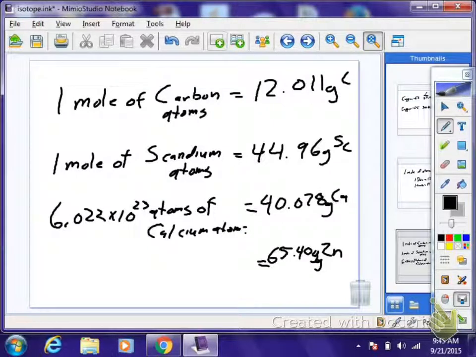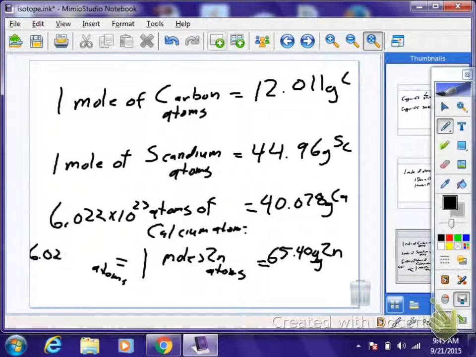How many moles of zinc atoms would that be? 1. How many total atoms would that be? 6.022 times 10 to the 23rd.